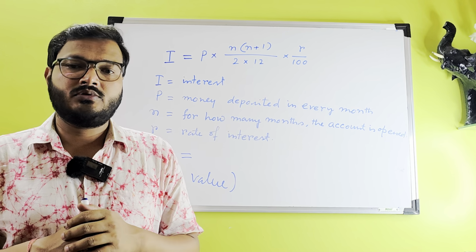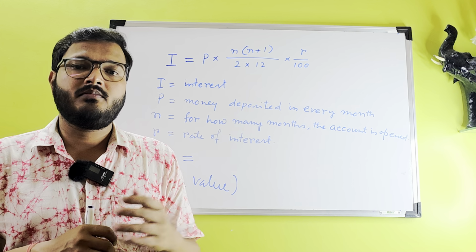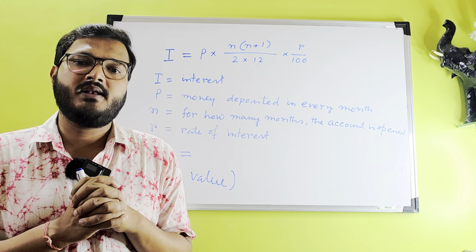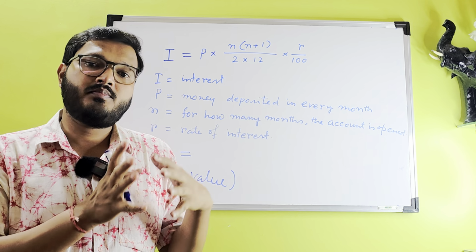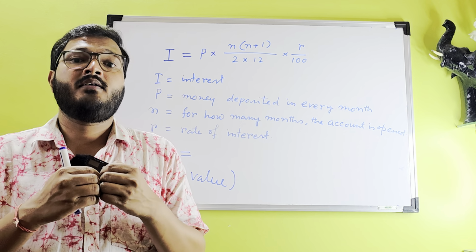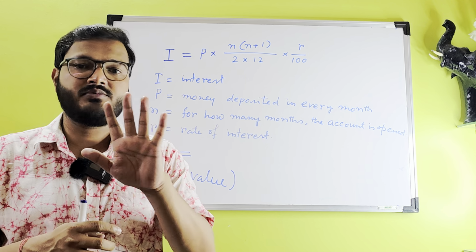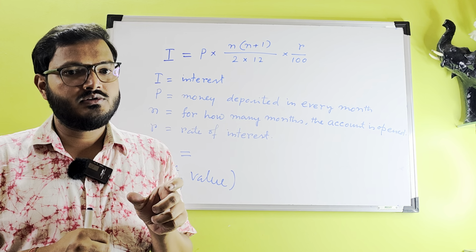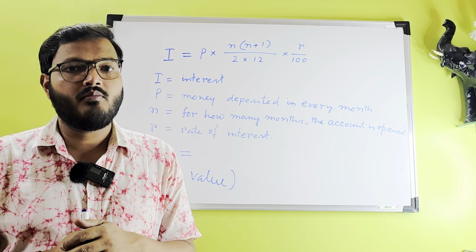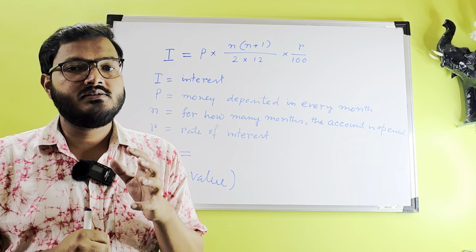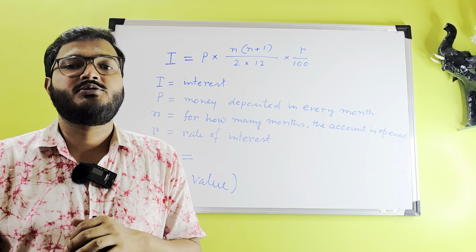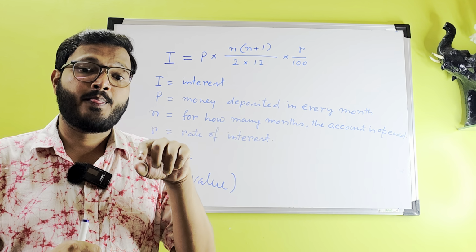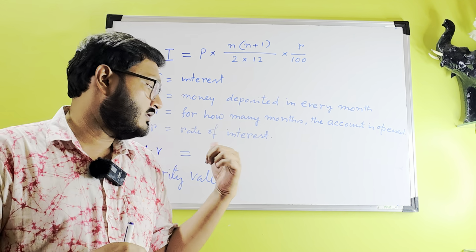After 1 year you will see your outstanding balance: 100 plus the interest earned by that 100 rupees, that is 5 rupees. So the total amount in your bank will be 105. That is called the maturity value.